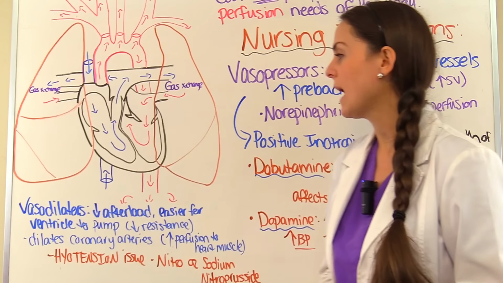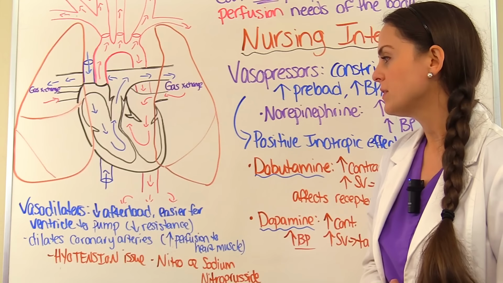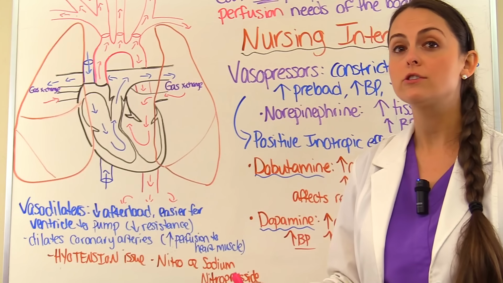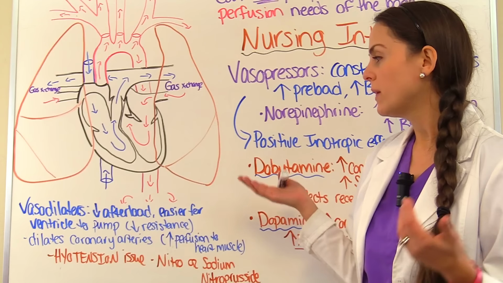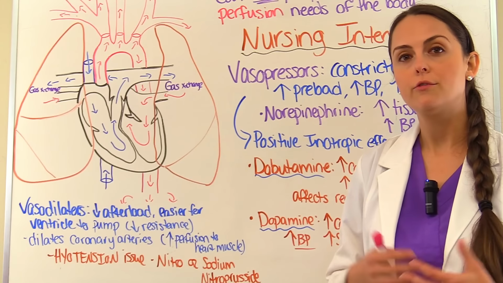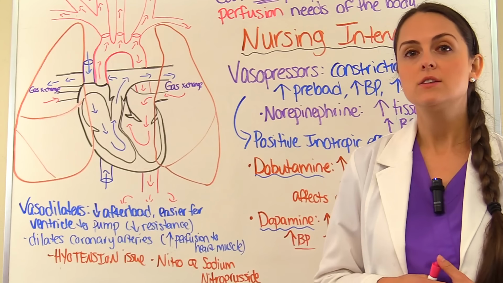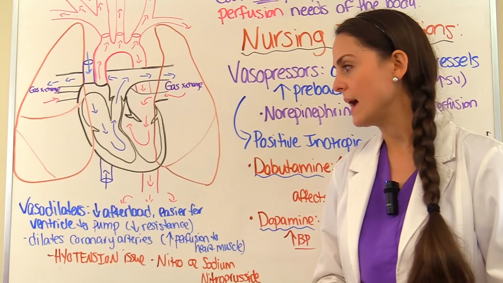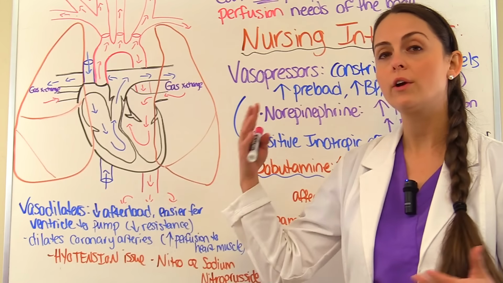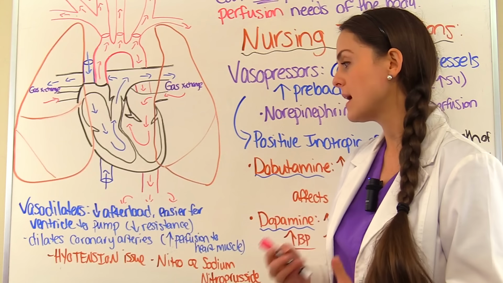In addition, we have vasodilators. That's another category. And what these do is they decrease afterload, which was one of those factors in stroke volume. So whenever we decrease the afterload, it's going to make it easier for the ventricle to pump against that resistance. So we have decreased resistance that heart has to pump against, and it also dilates our coronary arteries, which is going to increase perfusion to the heart muscle.